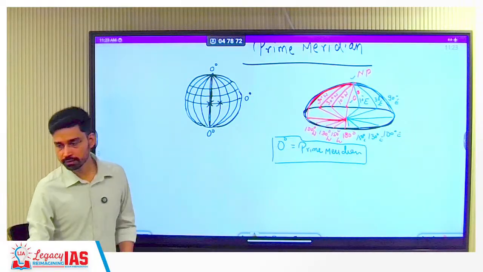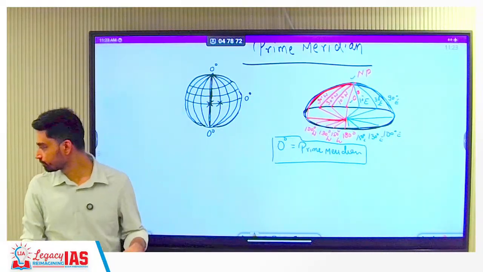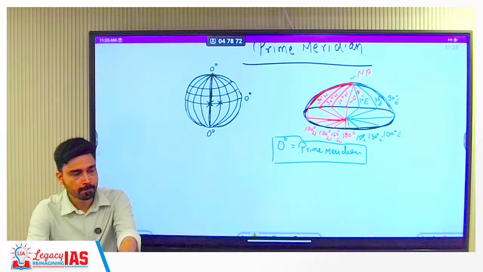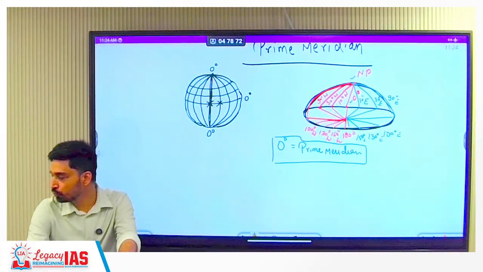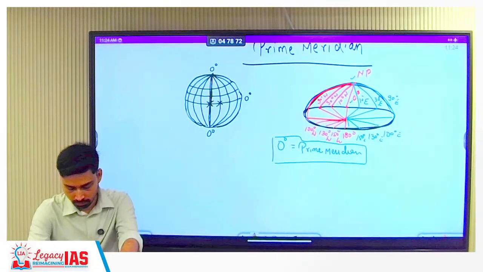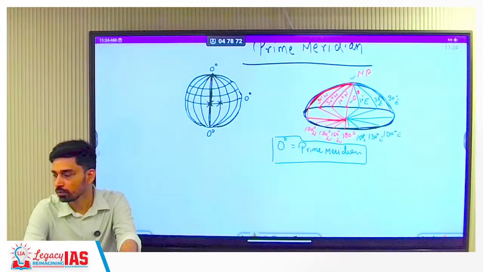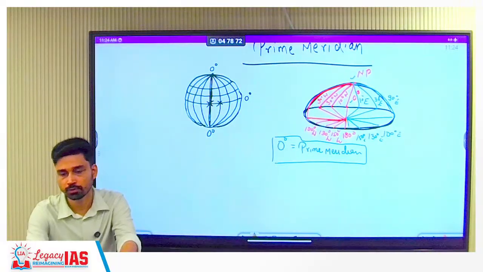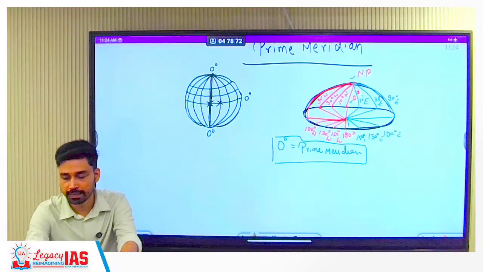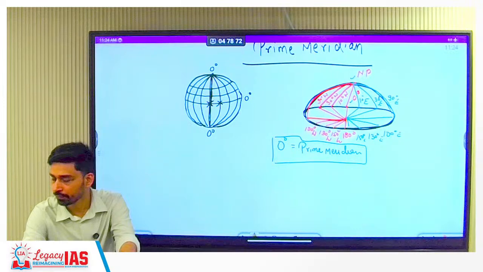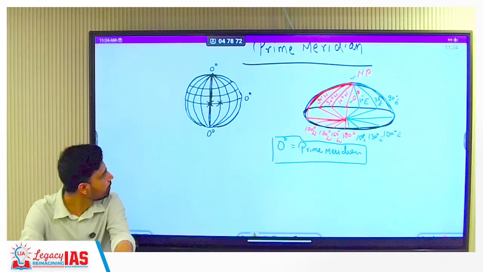So we can write the statement: the latitudes and longitudes together are used for identifying the exact location of a place on the Earth.